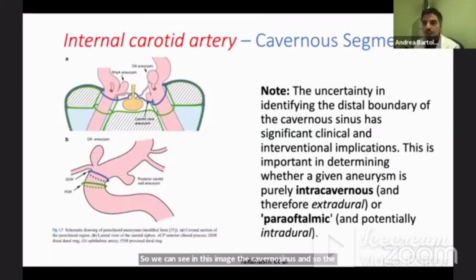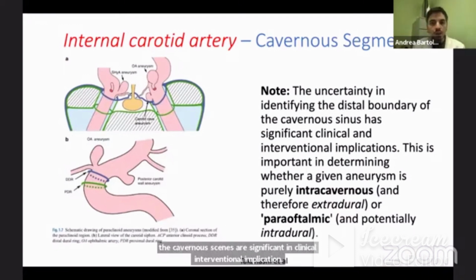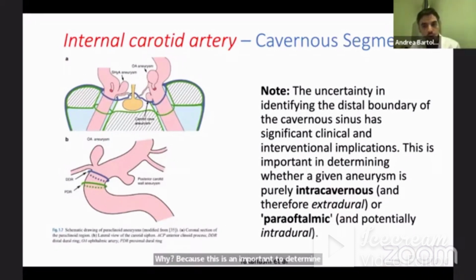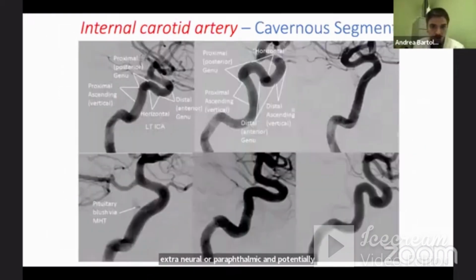The uncertainty in identifying the distal boundary of the cavernous sinus has significant clinical and interventional implications. Why? Because it is important to determine whether a given aneurysm is purely intracavernous, and therefore extradural, or paraophthalmic and potentially intradural.